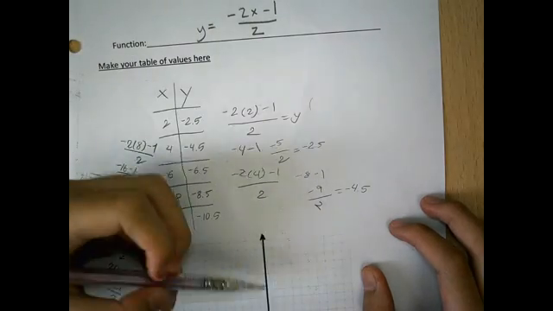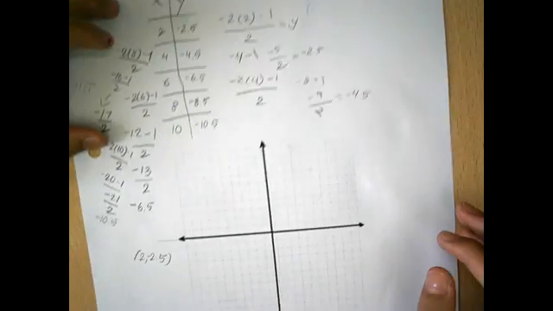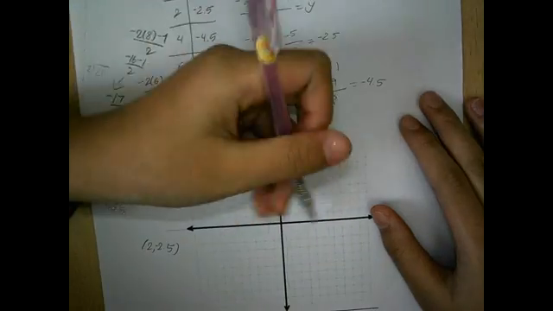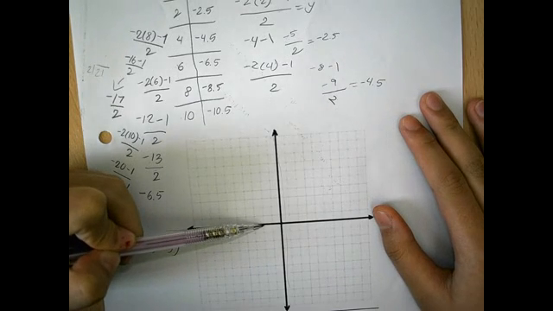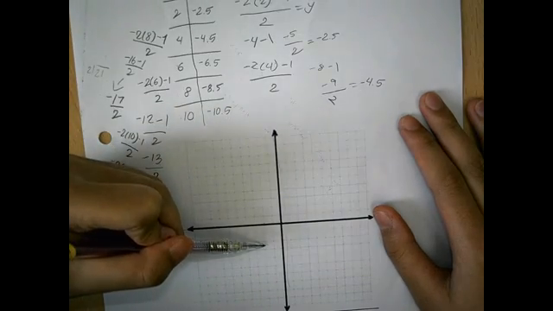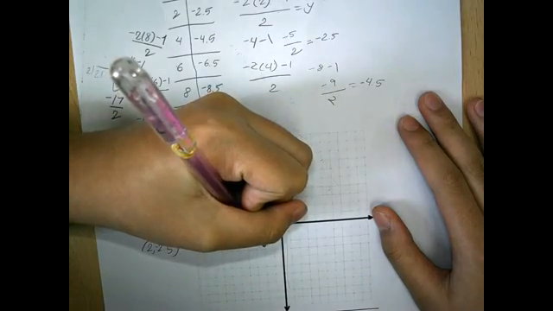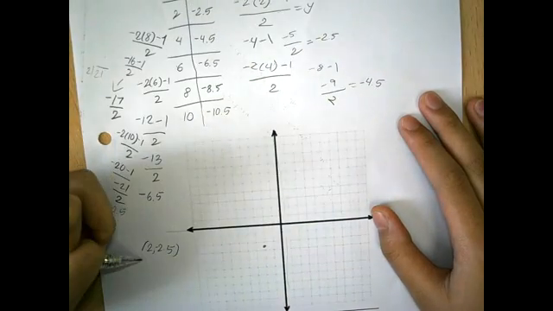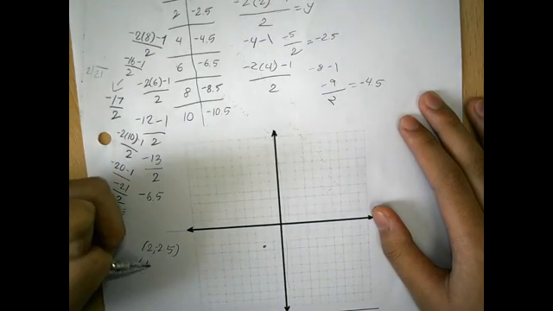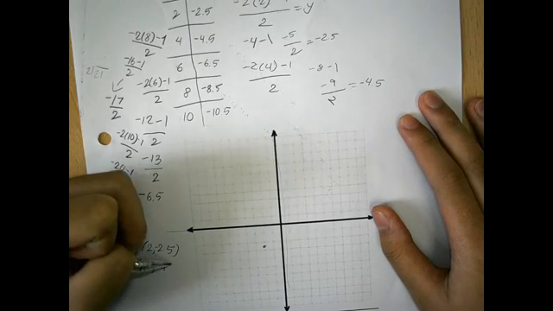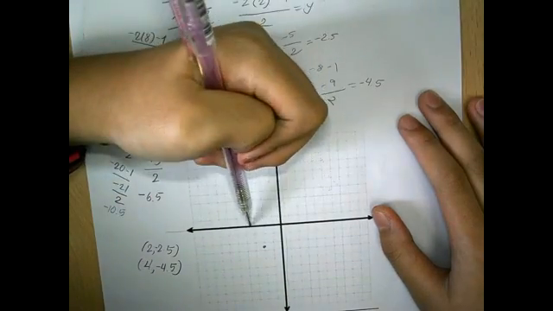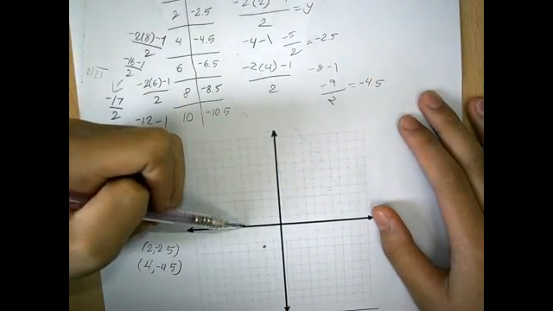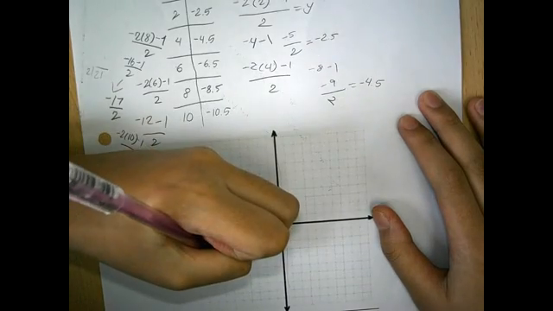So 2 would be here, and for the y we would have negative 2.5. And the next coordinate, the x would be 4 and the y would be negative 4.5. So we have 4 and then negative 4.5 here.